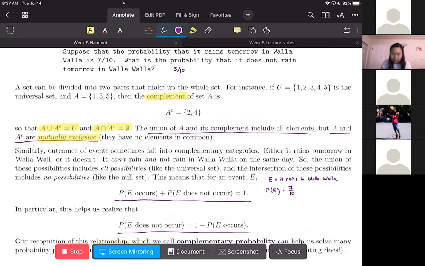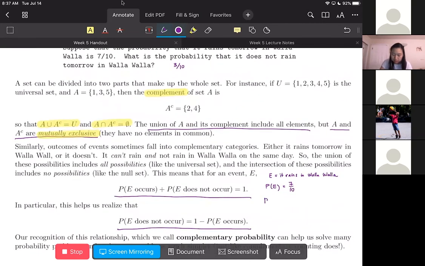So when we want to calculate the probability that it does not rain, that equals 1 minus the probability it rains. And this is how we get 3/10.